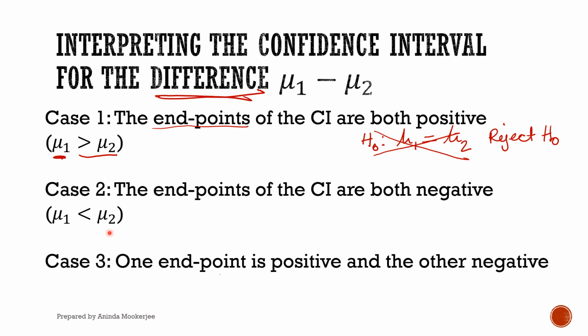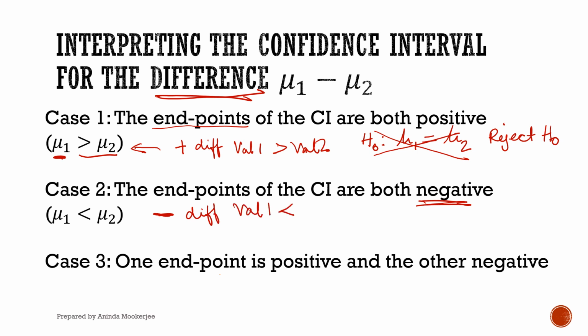Remember when we said previously, when the difference of two values is a positive difference, that means the first value, value 1, is greater than value 2. And that's what we are applying here. And when the difference is negative, that means value 1 is less than value 2.